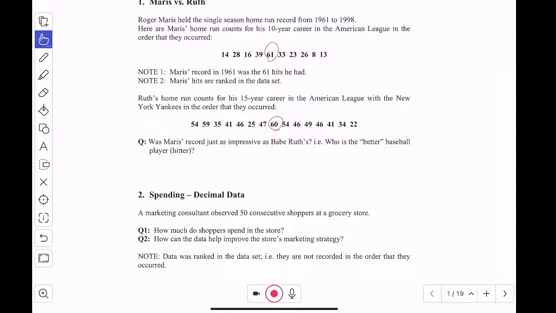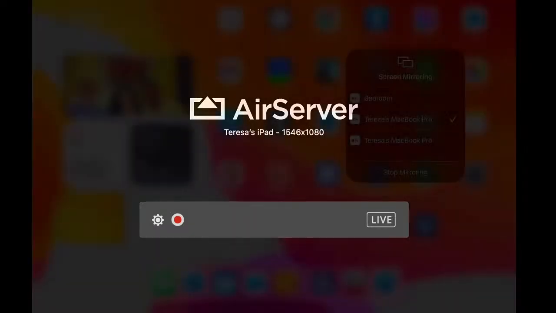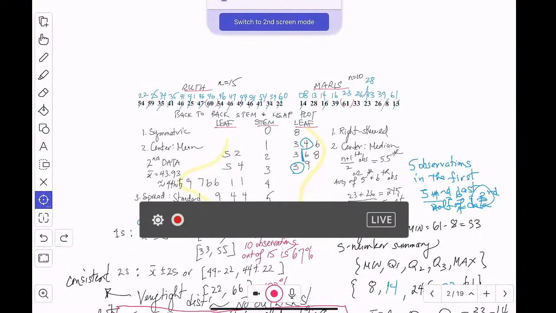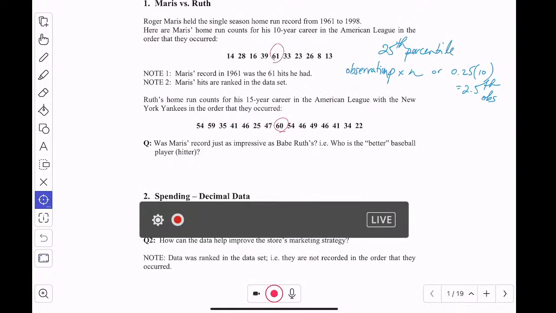Oh, I lost you. I think I lost the connection. Hold on. Again. Yeah, I broke the connection. Hold on. Okay, so what I was saying is, with that calculation I just made here, the 25th percentile, and I explained it in the notes, is computed.